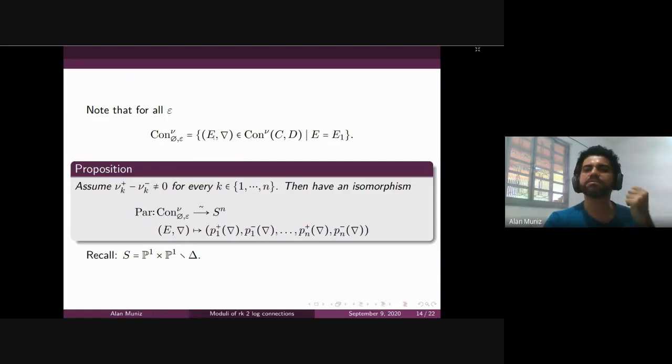This subspace is just the connections with a fixed vector bundle, and this is the simplest thing that we may get. We don't have to deform the vector bundle alongside the connection. We only have to deform the connection.